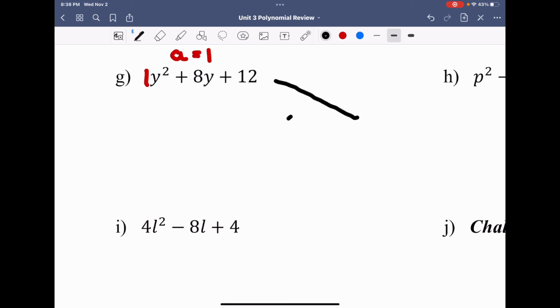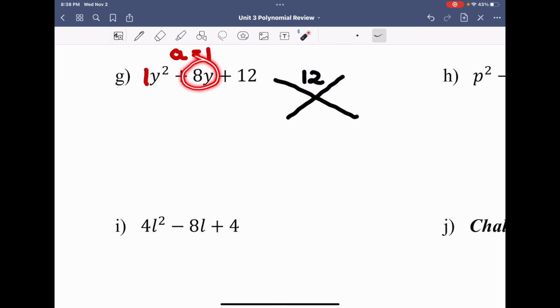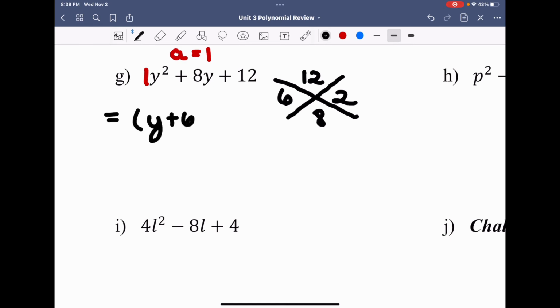We must multiply to make the outside number 12, and we must add to make the middle number, 8. The two numbers that can do this for me are 6 and 2, and therefore, because we know a equals 1, we can jump right into our factored form. It's y plus 6, y plus 2.